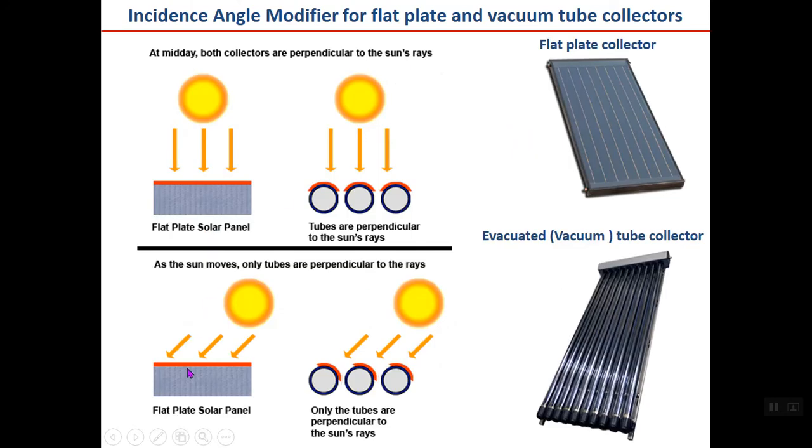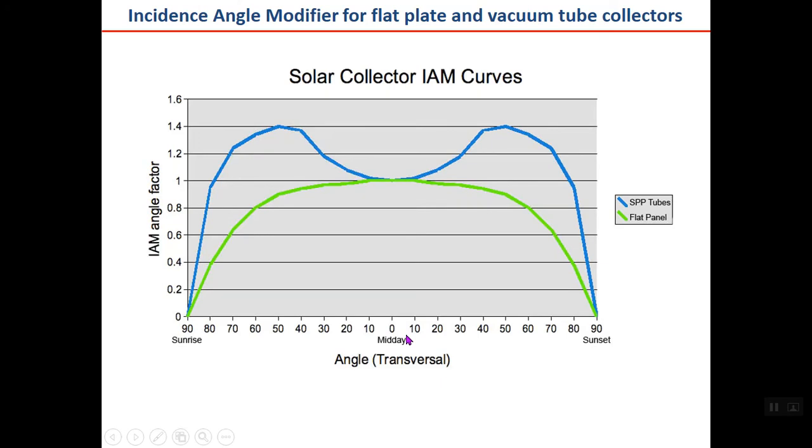Because we expect that when the sun angle increases, the value of solar radiation received will decrease. Okay, you can see here that it is always normal to the circle or tube, so we may not expect a decrease. But why you can see an increase, even an increase, when the angle of incidence is increased?